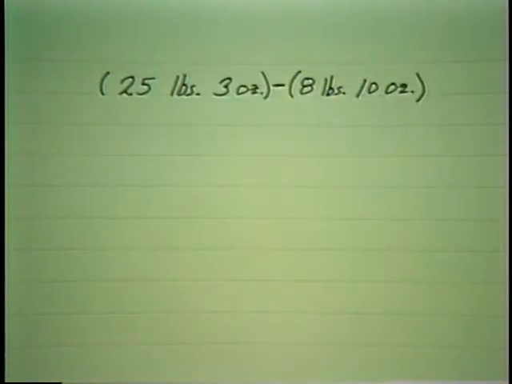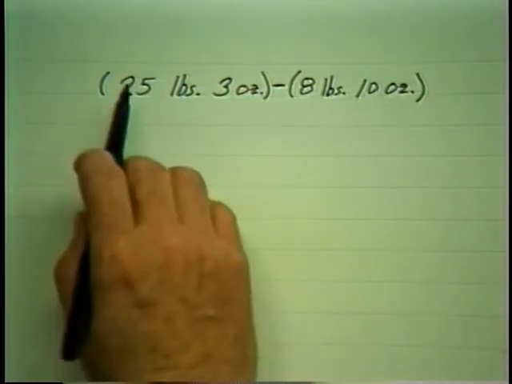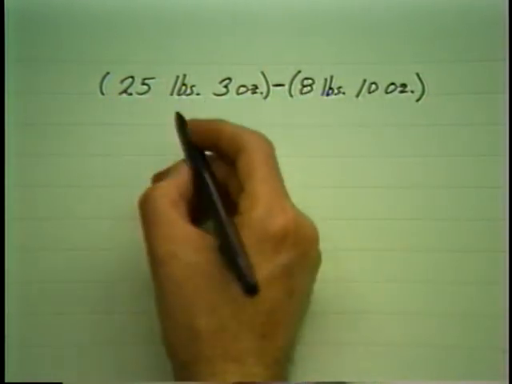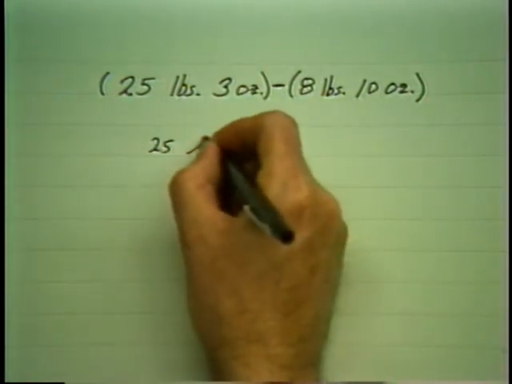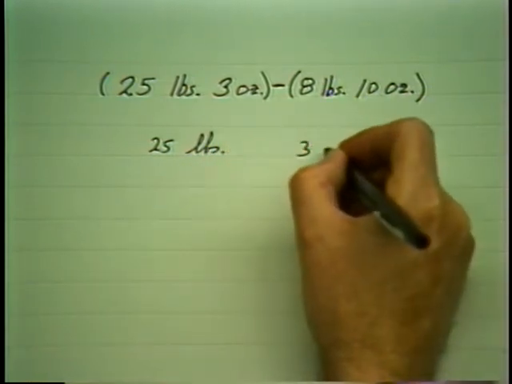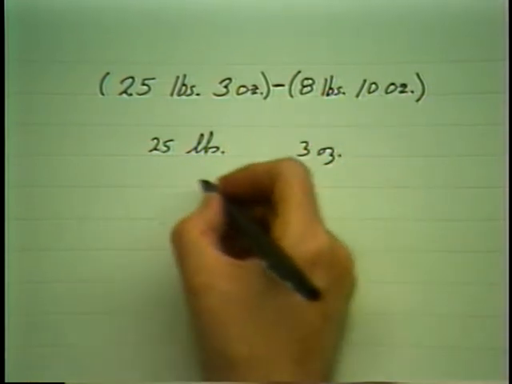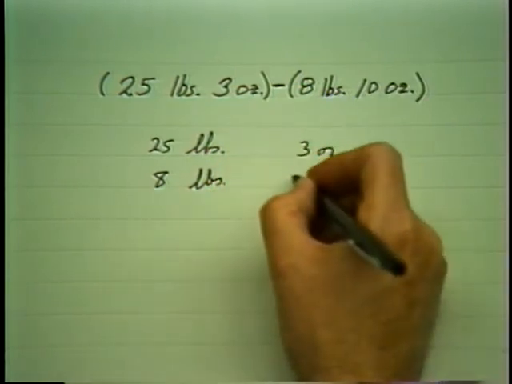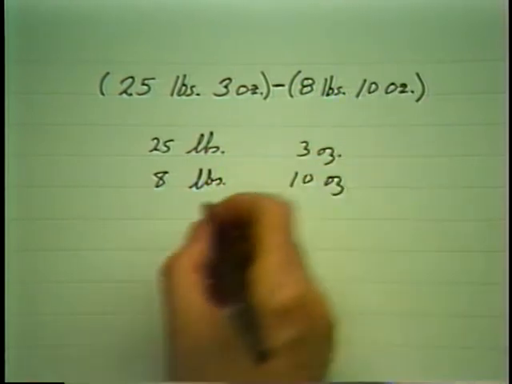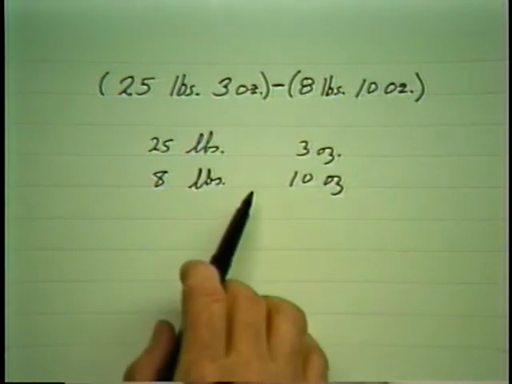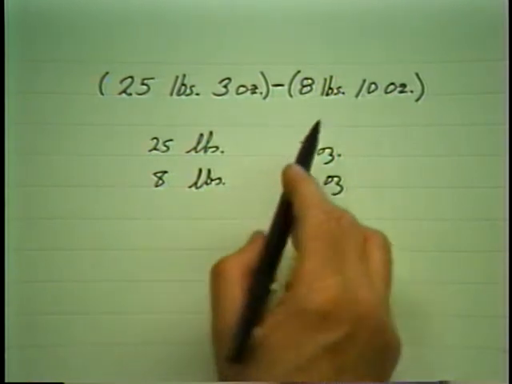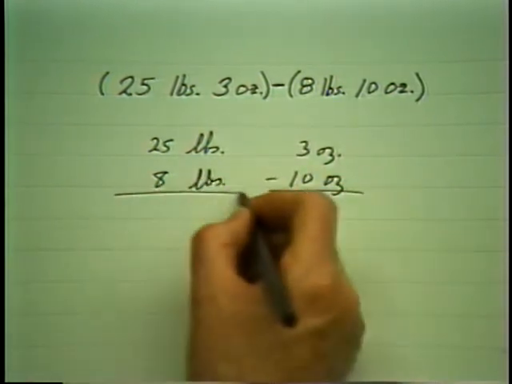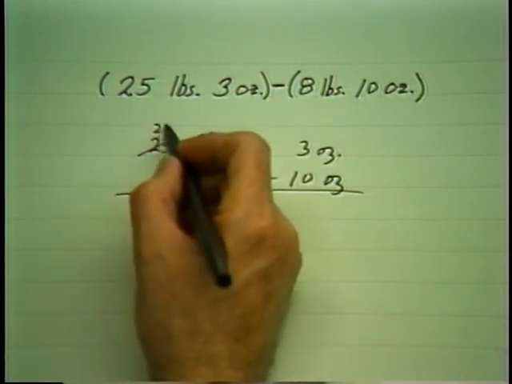And finally, back to our subtraction of mixed units. 25 pounds and 3 ounces. Subtract 8 pounds and 10 ounces. But in this case, I cannot subtract 10 ounces from 3 ounces. So I'll borrow one of my pounds.